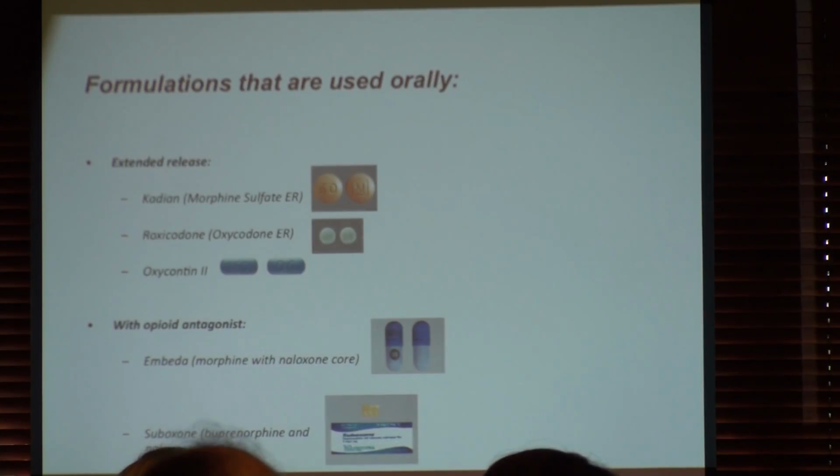They want to shoot it up. Okay? So they want to crush the thing and extract the drug, morphine. If you take it correctly, the outer coat will dissolve, the morphine will get into your system, and the inner core, naloxone, will be excreted. You're fine. You get the pain relief effect of the drug. But if you want to abuse it, you want to crush it, the two things cancel each other, so you have no effect.